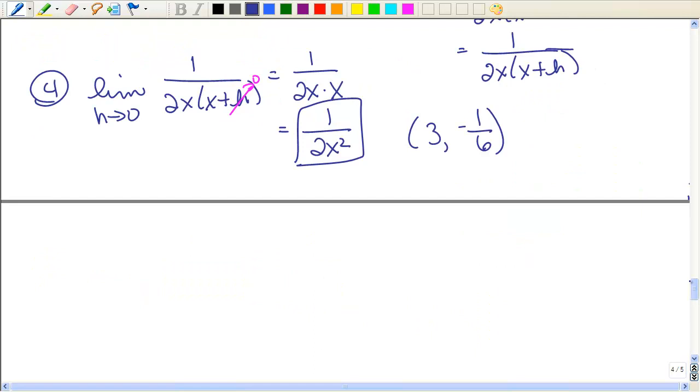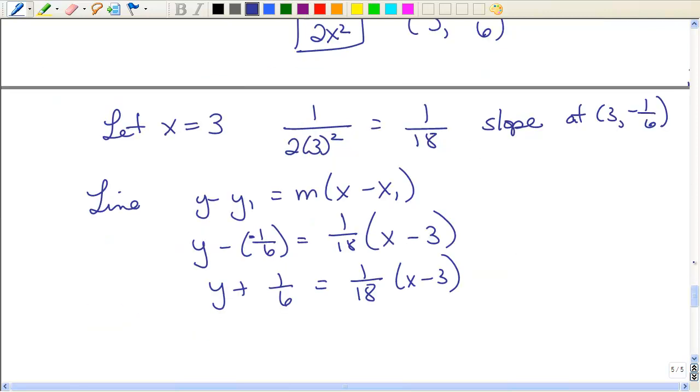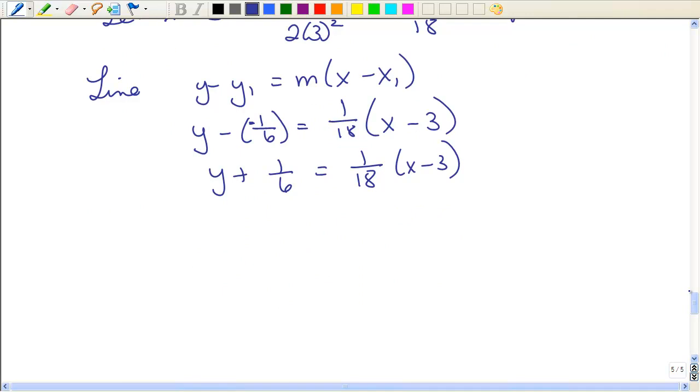So I want the slope at a point. We're going to let x equal 3, and that's my slope at the point here. Now I want the equation of the line. At this point, again, I'm not too sure what format the computer asks you to put it in. We could solve for y.